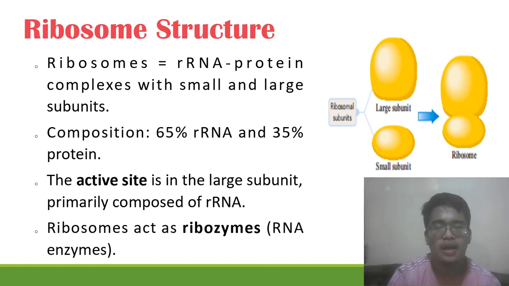So again, the ribosome has two subunits. The first is the large subunit, which is the active site for protein synthesis, and the second is the small subunit, the location where the mRNA involved in the translation phase of protein synthesis binds.